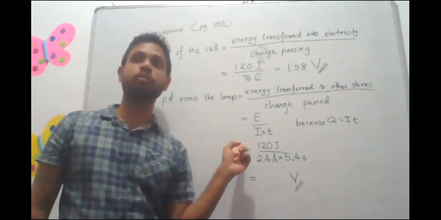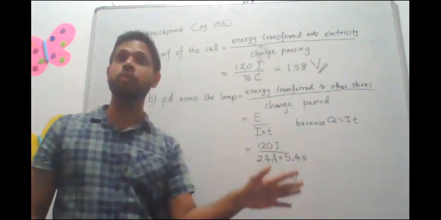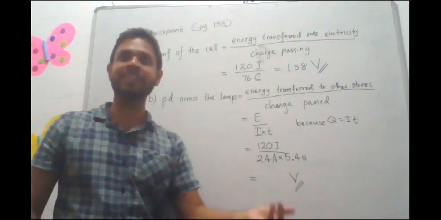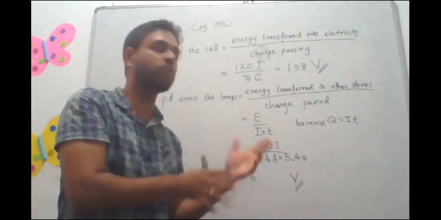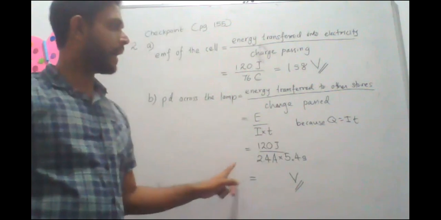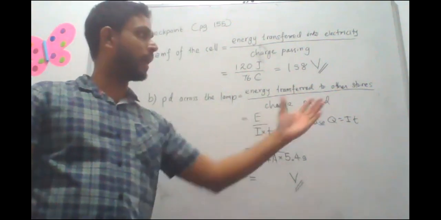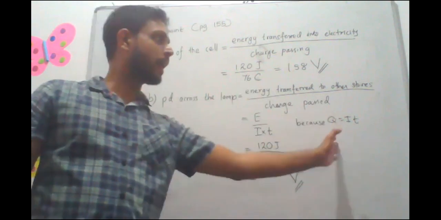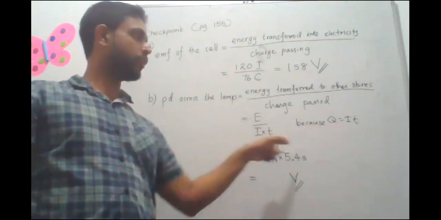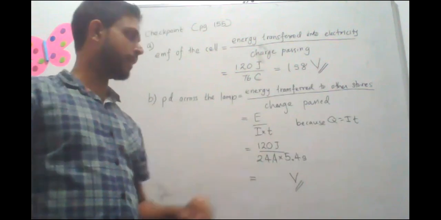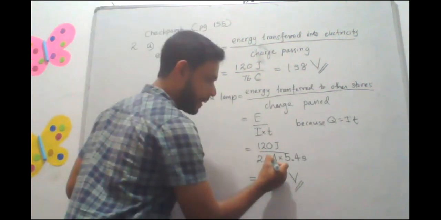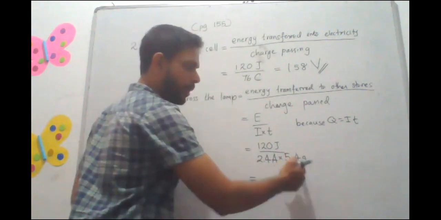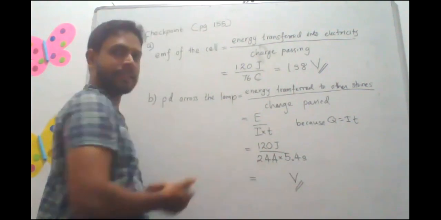This 120 should include all the forms, not only light, but if it is making sound and heat, those forms are also there, right? And the charge passed, they have not given straight. They have given it as current and time separately, so we need to use this equation to get that. So what's the answer?